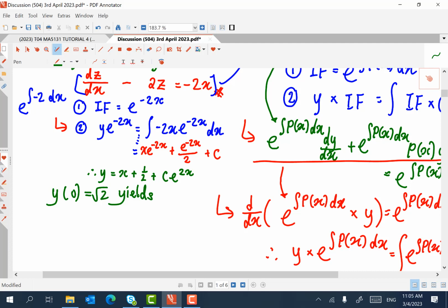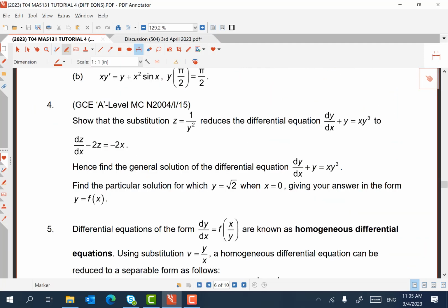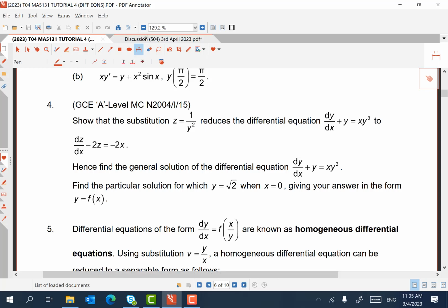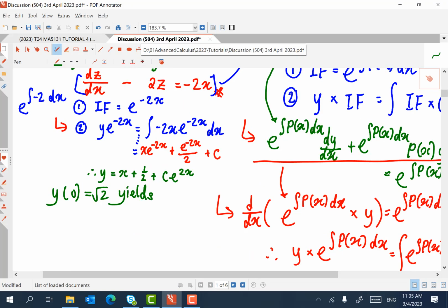Y0 equal to root 2 is not a very nice number. Let me see. Okay, Katish, did I make any mistake? I see your names. Not very nice. There is something that is missing, I guess.